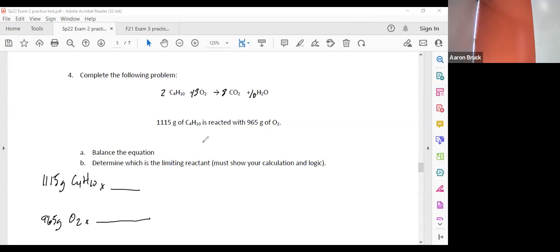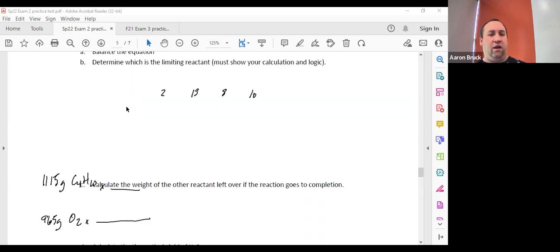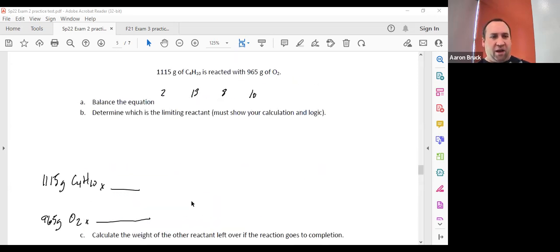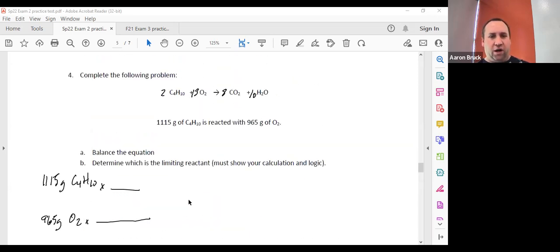Which product do I choose? It technically doesn't matter, but chances are pretty good I'm going to be asked about a yield question later on. There it is, theoretical yield of water. So I'm going to convert these to water.